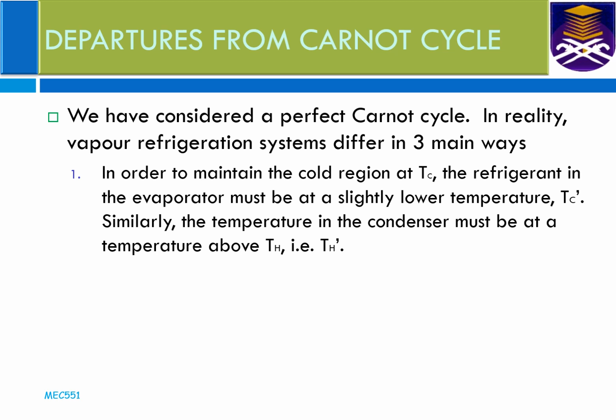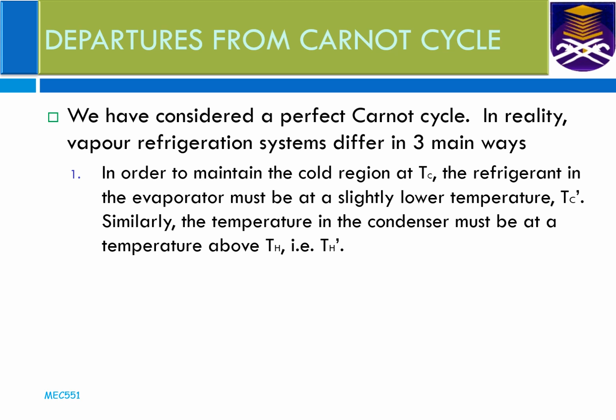However, the most ideal is the reverse Carnot cycle, or Carnot refrigeration cycle. We can consider it a perfect cycle, but in reality there are shortcomings in the Carnot cycle.